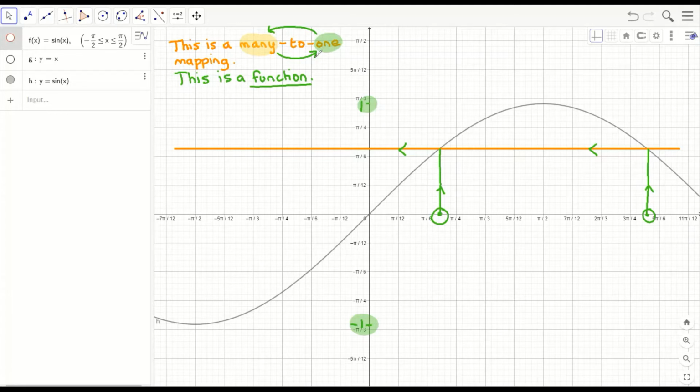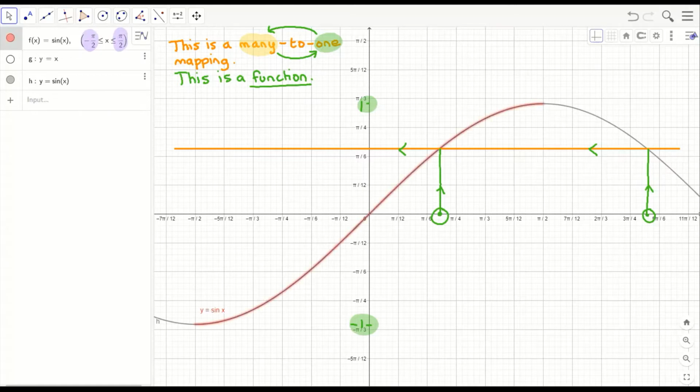If we can restrict the domain in a particular way so that it forces the function with the restricted domain to be one-to-one, then we can talk about an inverse function. And that's exactly what we're going to do. And in the warm-up, you've already done this. We restricted the domain, as you can see here in the top left, from negative pi over 2 to pi over 2. So let's have a look at what this does.